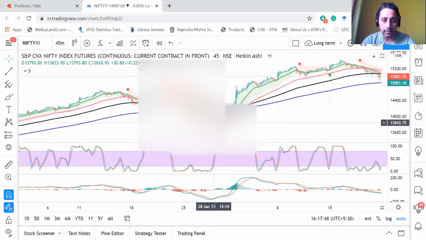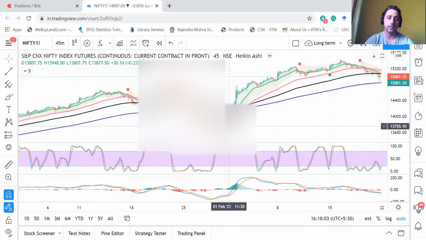I wouldn't enter into a trade at this moment itself, but this is an indication that things are turning around. Then we see that after some time, after a drop, basically a retest of this level, there is a sudden increase. So that's how this works.